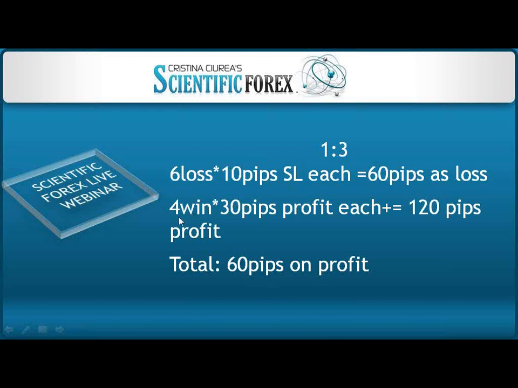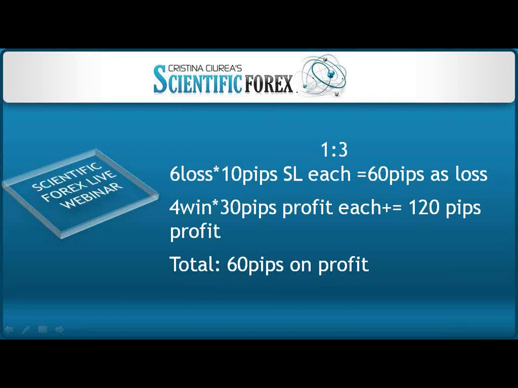If we have in the same day 4 wins among those 10 with 30 pips as profit each, we will have at the end of the day 120 pips profit. So at the end of the day, just based on money management, we will have 60 pips on profit. 120 minus 60 pips will be 60 pips on profit.